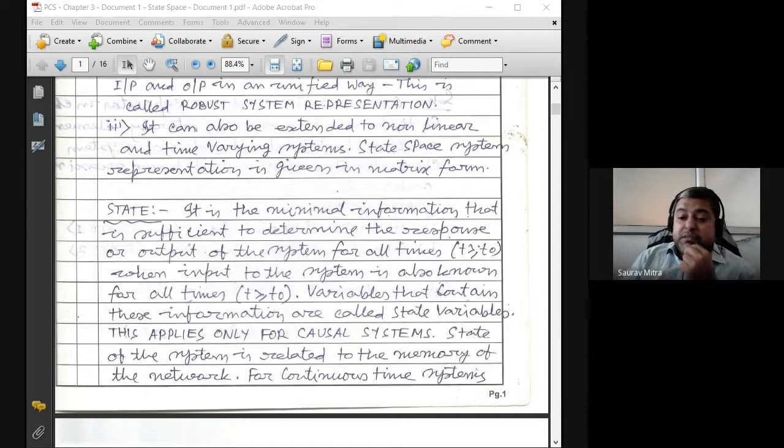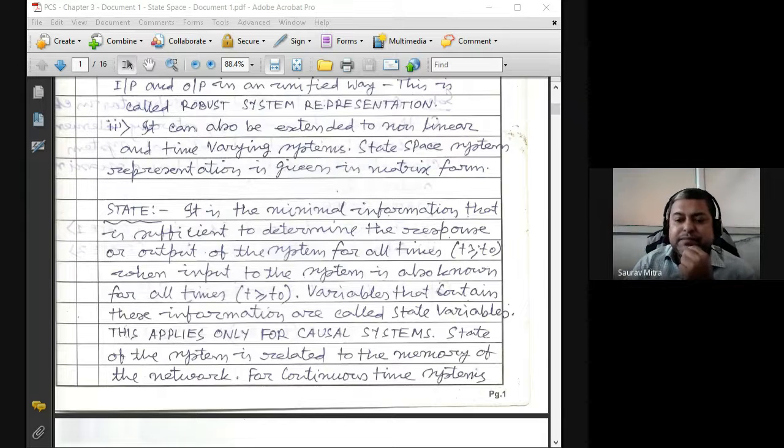So there can be a maximum of two state variables to define a second order RLC circuit, because the order of the system is 2. This is a very important point: the maximum number of state variables you require to completely define the system is 2. Generally for an RLC system we take i_L as one state variable and v_C as another.